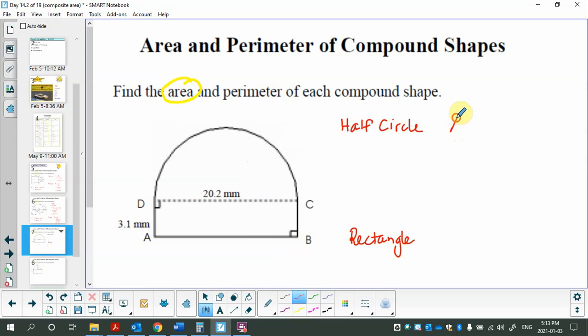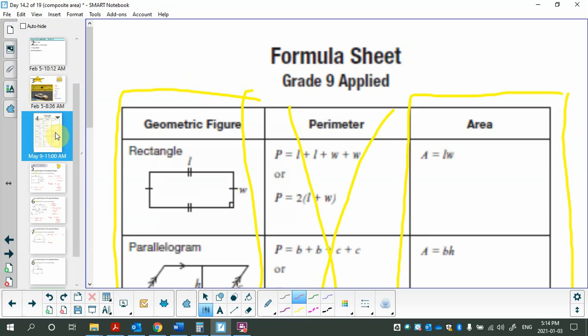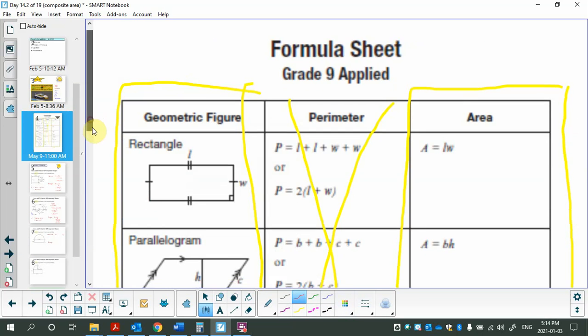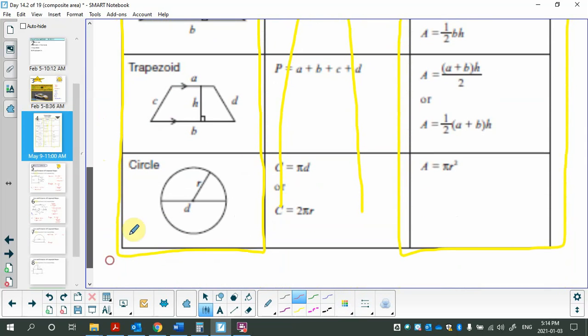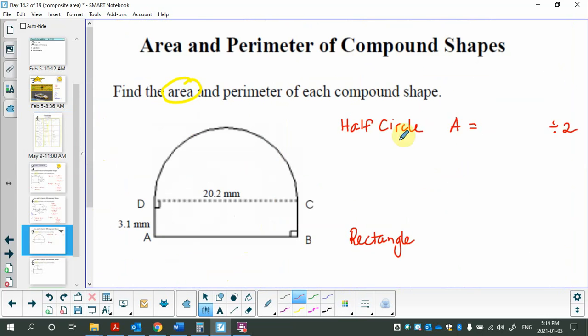So a half circle's area will be whatever a circle is, but then we're going to have to divide it by 2. So I have to check my formula sheet for a circle. I think it's at the bottom. And it's only got one choice this time, pi r squared. So back to this, pi r squared.